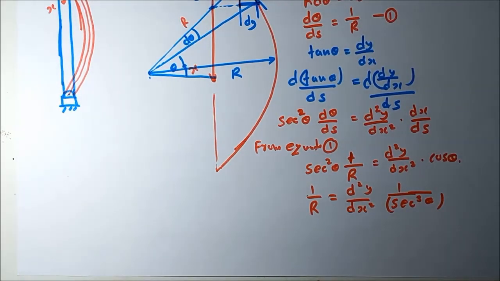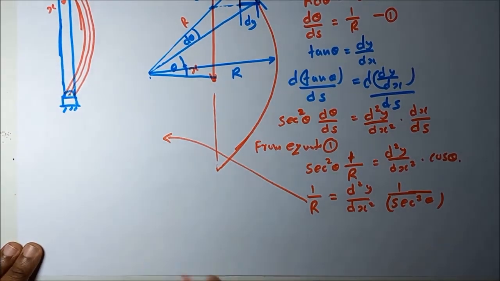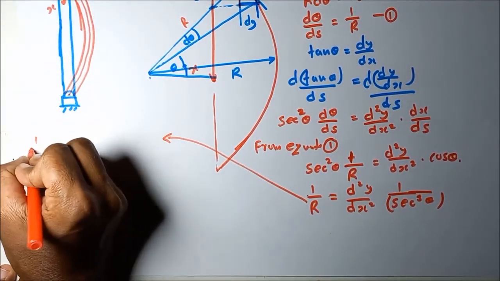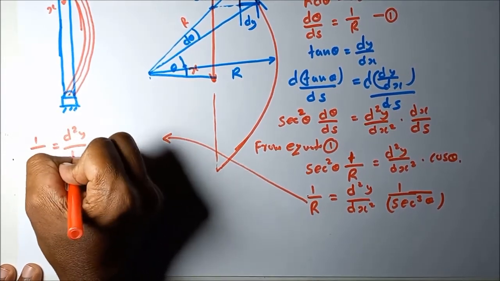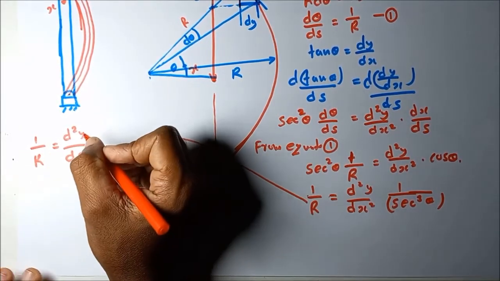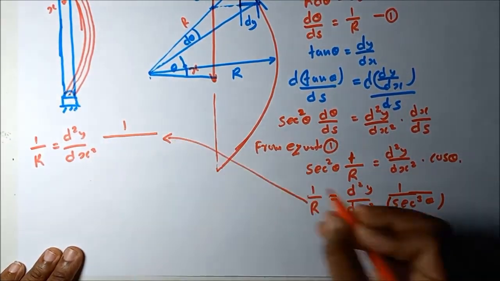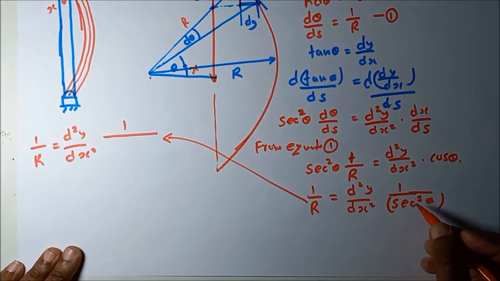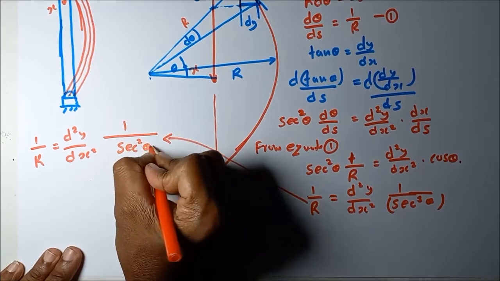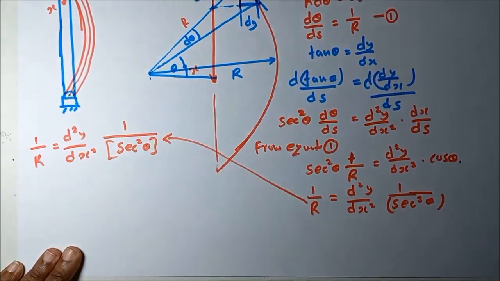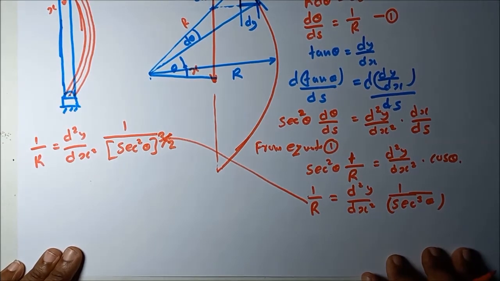Then we can write 1 over r is equal to d2y over dx square into 1 over sec square theta to the power of 3 over 2.